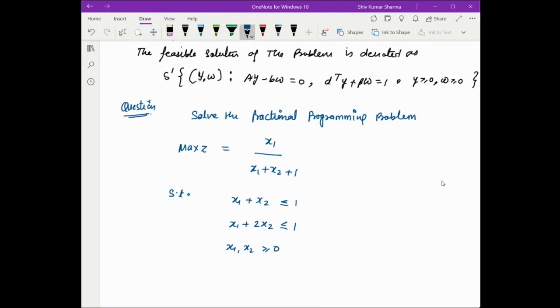So this is a linear fractional programming problem due to the function having a fractional part.